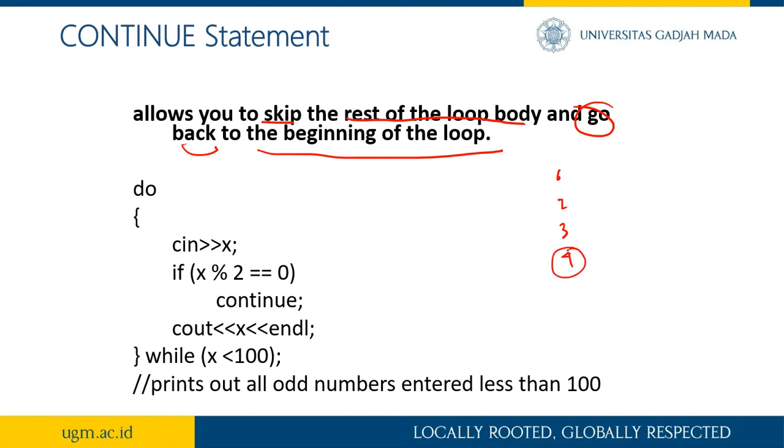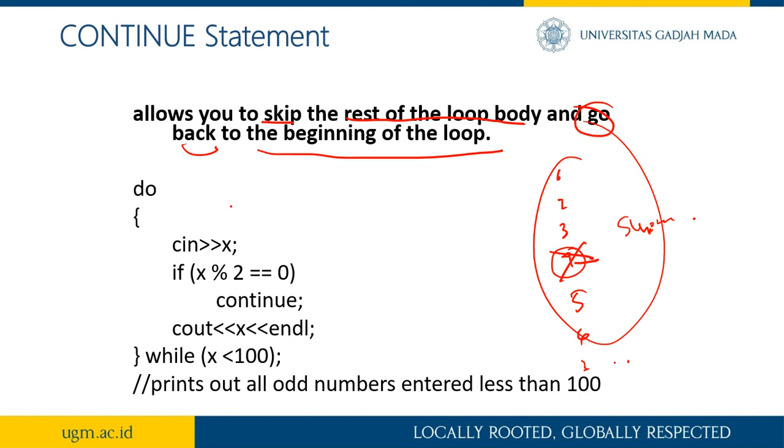I don't want to go with 4, so I will just skip it. And then I will just go with 5, 6, and etc. So it's like skipping something, skipping the number, skipping the looping.